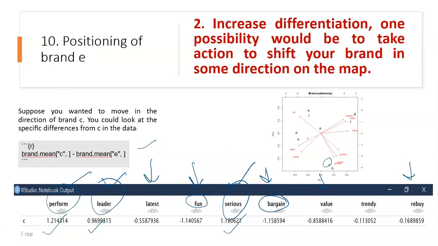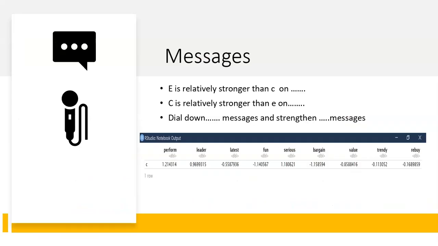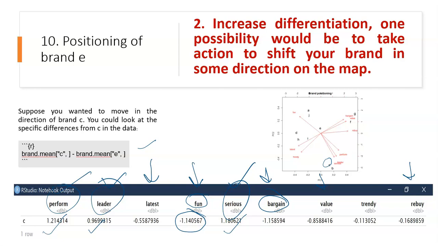And E is currently highest on fun. So basically E is currently seen more of a fun brand in comparison to C. And in order to position it as C, it needs to be relatively stronger on all those messages where C is currently high.